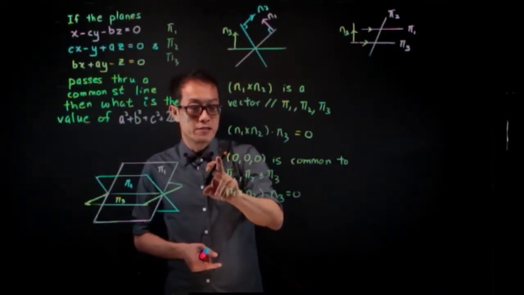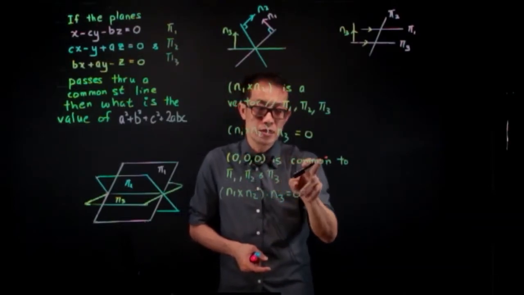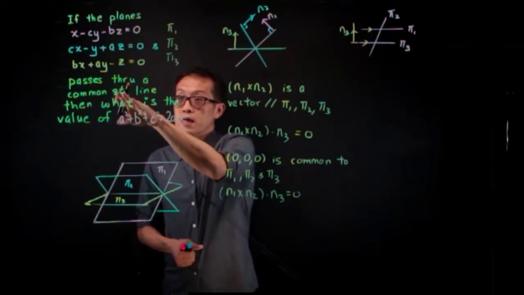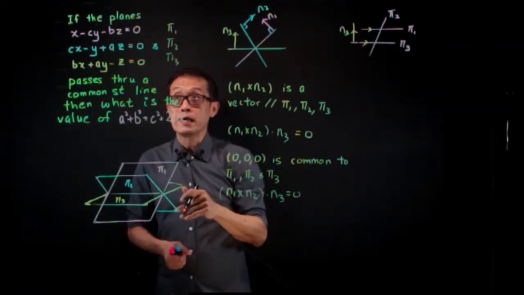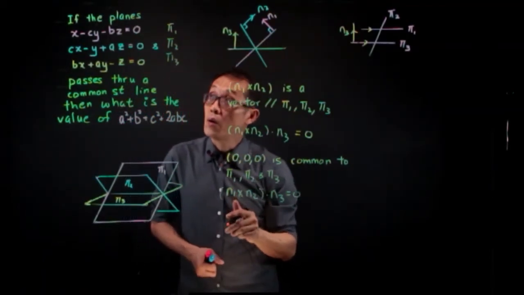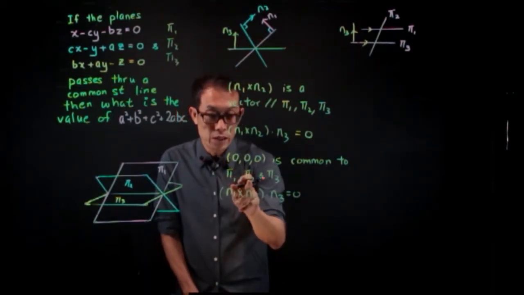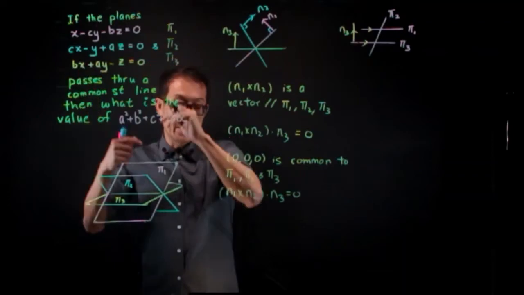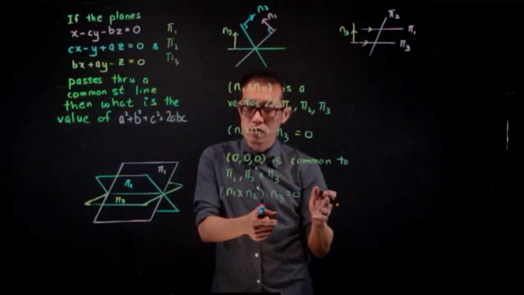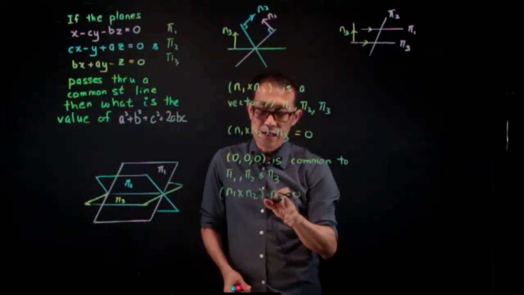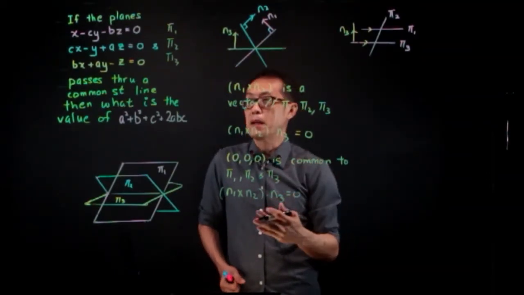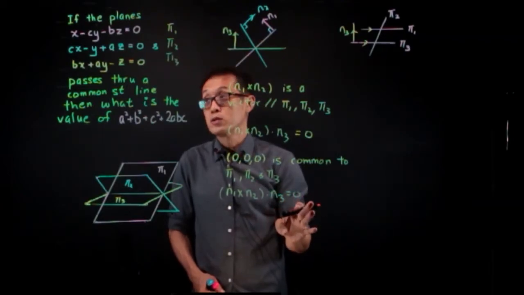Since 0, 0, 0 is common to the three planes, and there's a common line that passes through all three planes, we do a cross product of any two normals and dot the normal of the third plane. It must equal 0.